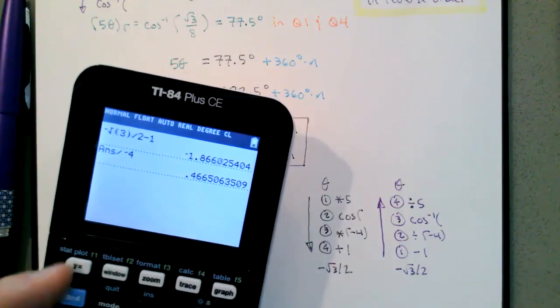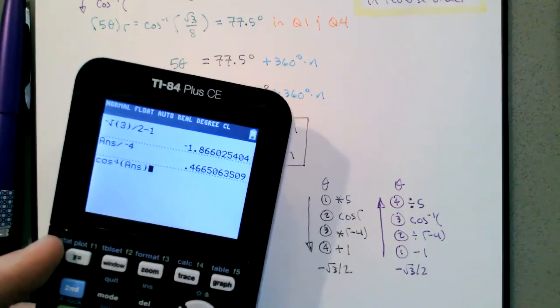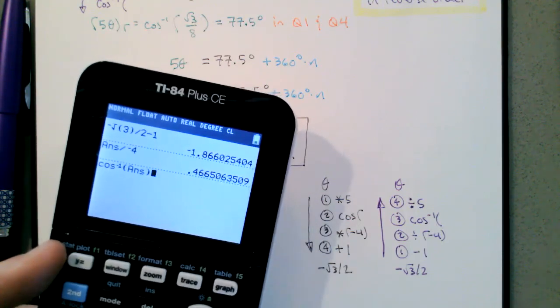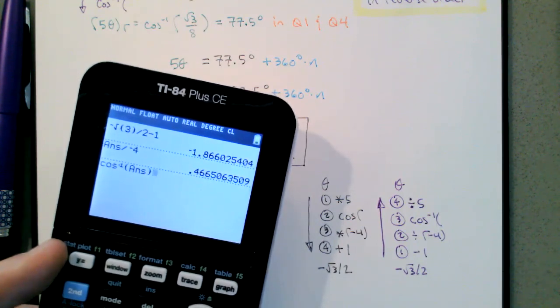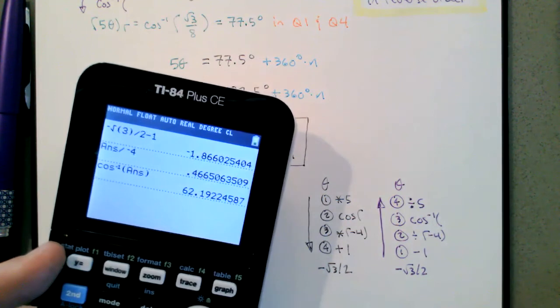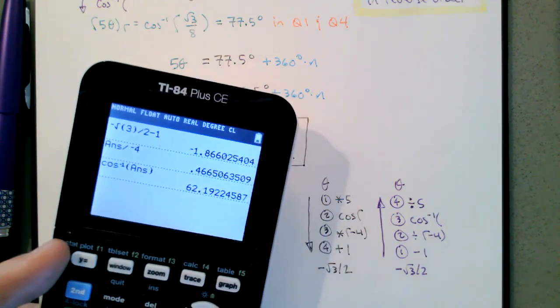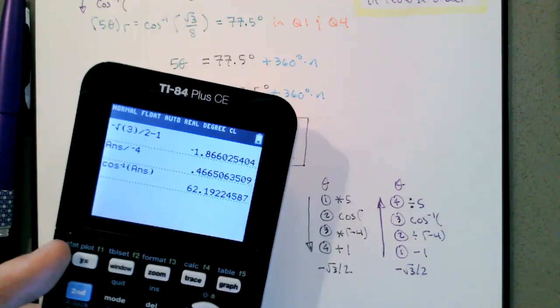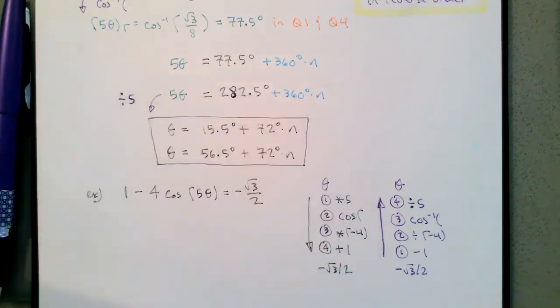And now we can do the cosine inverse to find the reference angle. Notice I'm not writing any of these numbers down. I want to keep track of it all on the calculator. I don't want to plug rounded off information into my problem until I get to here, 62.19, I'll call it 62.2. Then I'm going to have to take the 62.19 and put it in the first and fourth quadrants. Then I can divide by the 5 and add the 72n.